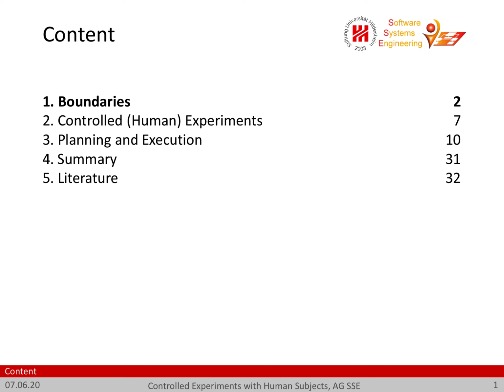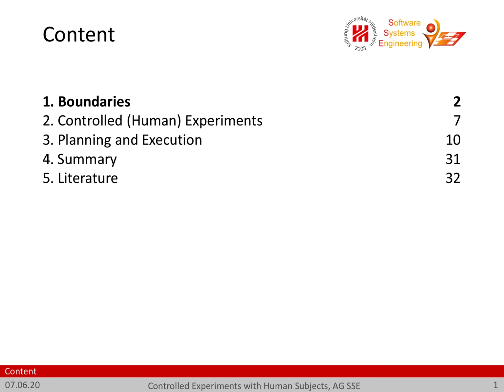The outline of this lecture is as follows. First, I will discuss a bit the boundaries of the approach. Then I will go a bit deeper into what controlled human experiments are, or as we call them, controlled experiments with human subjects.